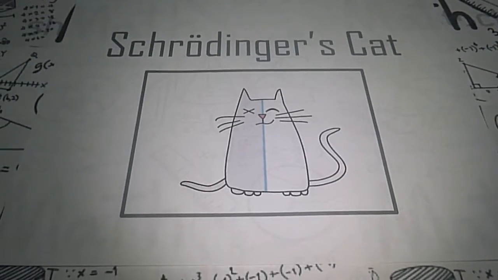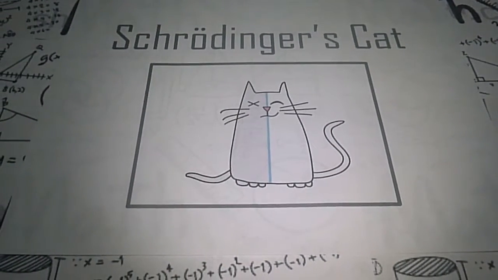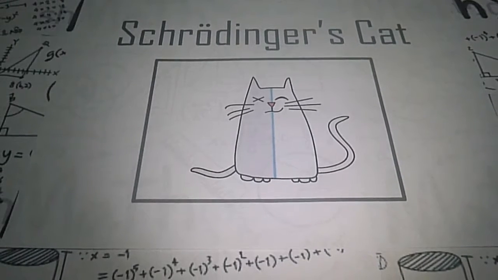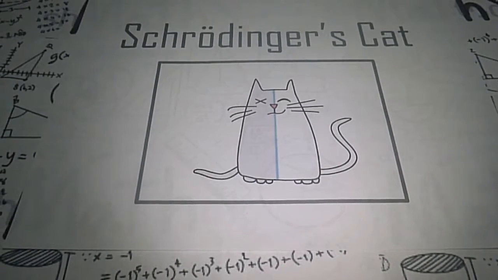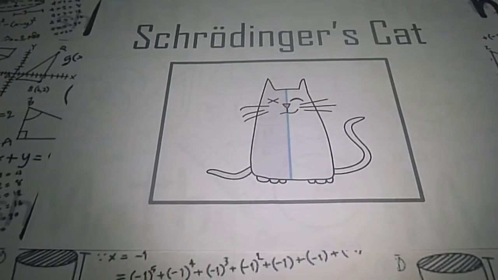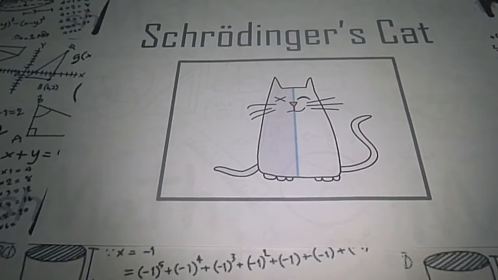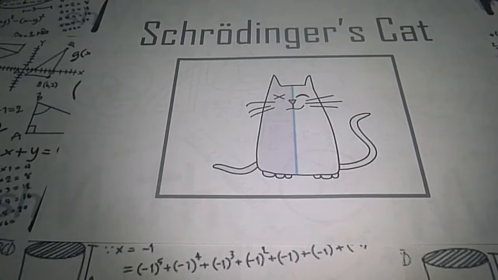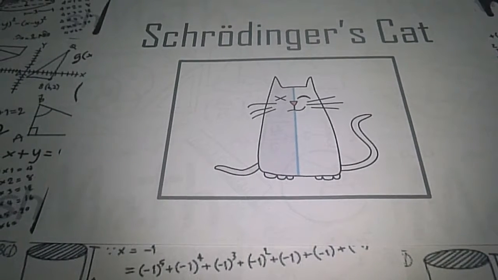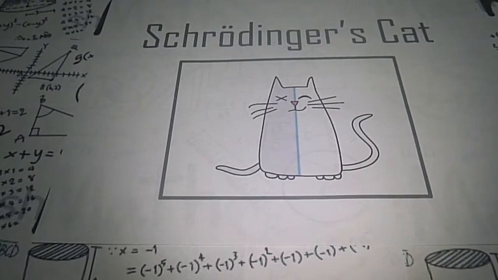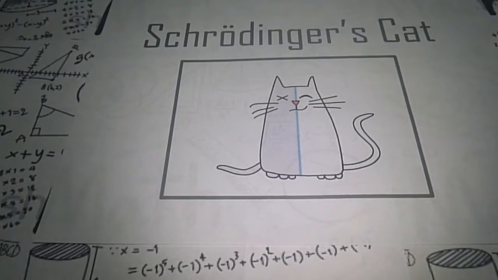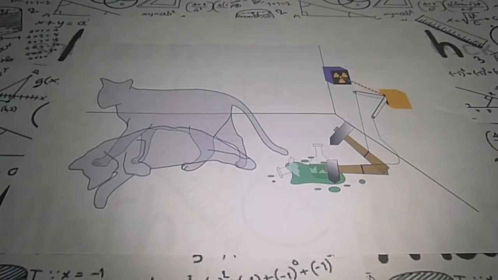A cat is locked up in a steel chamber, along with the following device, which must be secured against direct interference by the cat. In a Geiger counter, there is a teeny bit of radioactive substance, so small that perhaps in the course of the hour one of the atoms decays, but also with equal probability perhaps none.